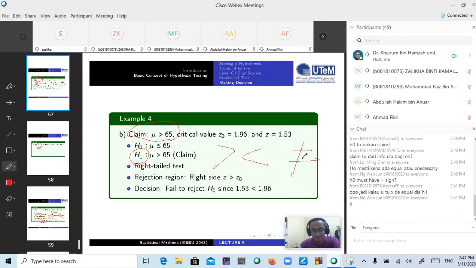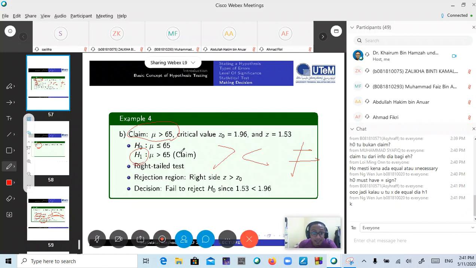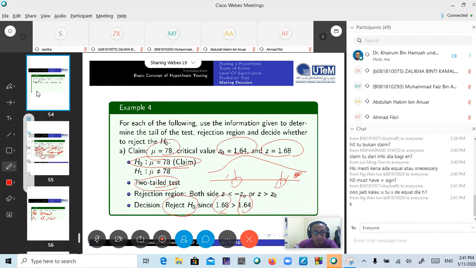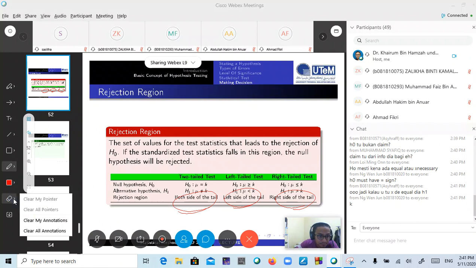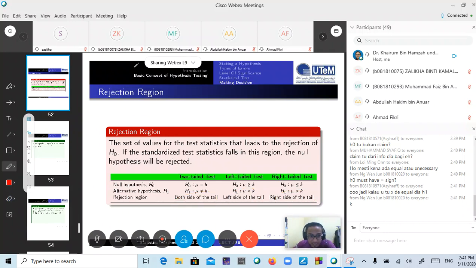Okay? It will be reversed. Okay, if greater than, then H naught will become less than or equal. Earlier, if you look, look here. It will be reversed. If your H0 mu equal to K, your H1 must be like that. It cannot be otherwise. You cannot suddenly make less than or equal, that is not allowed. If your H0 greater than or equal to K, your H1 is less than K. If your H0 less than or equal to K, your H1 greater than K. It will be reversed.